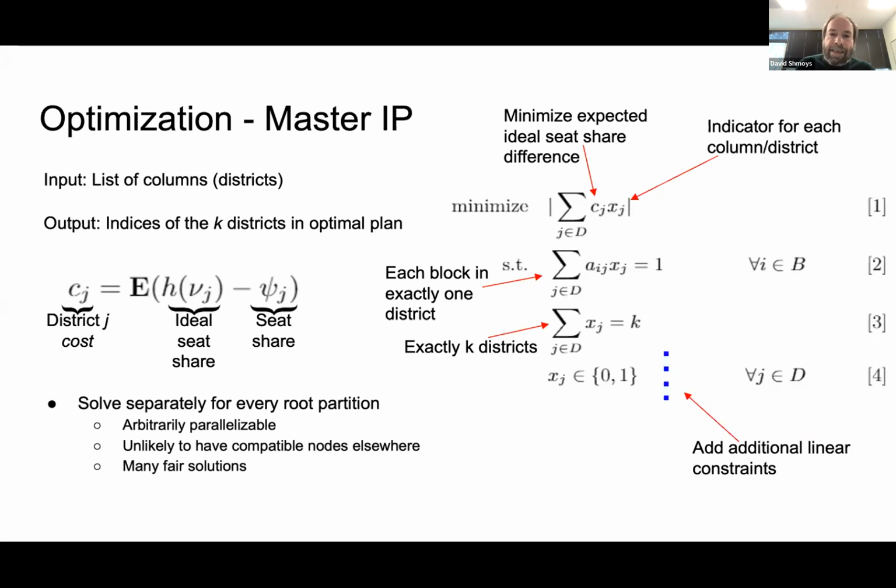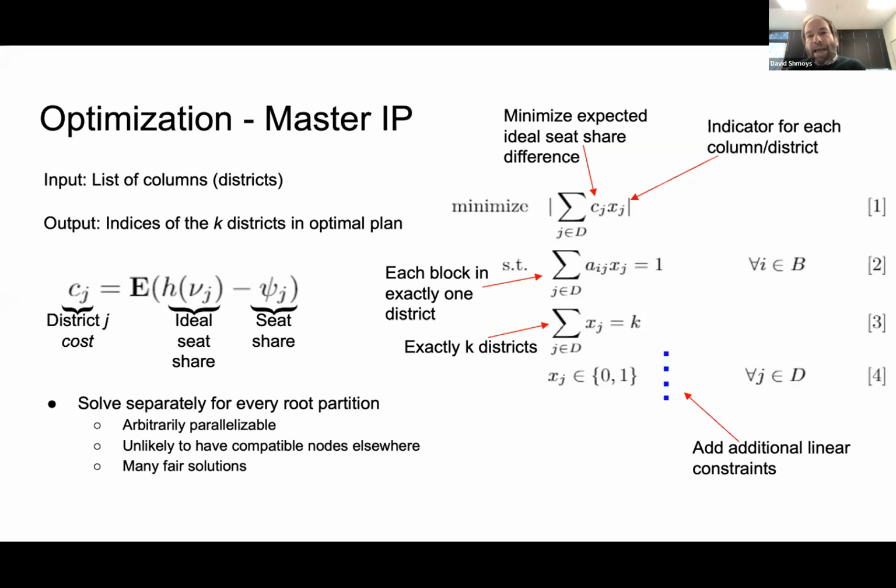Another key aspect of the overall structure is that, as you think about the animation I showed earlier, it's not hard to imagine that if I think about what happens at the root, there's a never meet again kind of figure. If I think about the original root partition, they really generate disjoint sets of solutions in terms of district plans.